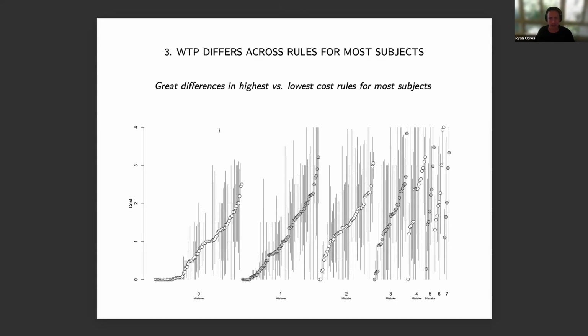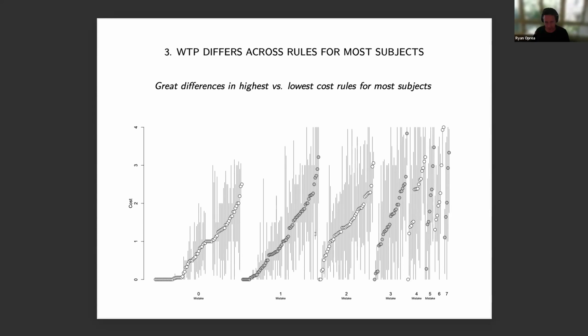Okay, the next thing I want to show you is for every subject, I'm going to draw a line that spans the simplest and most complex algorithm as measured by the subject's revealed costs. Okay, so this is going to give you the range of willingnesses to pay that the subject submitted across the 14 rules.